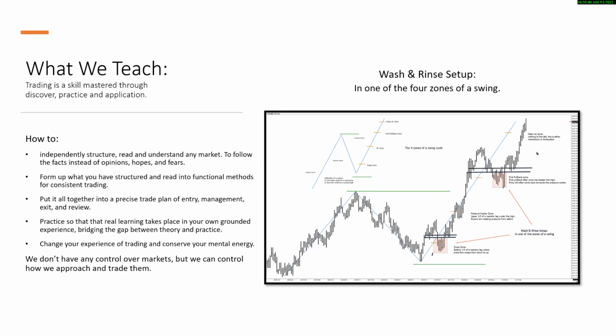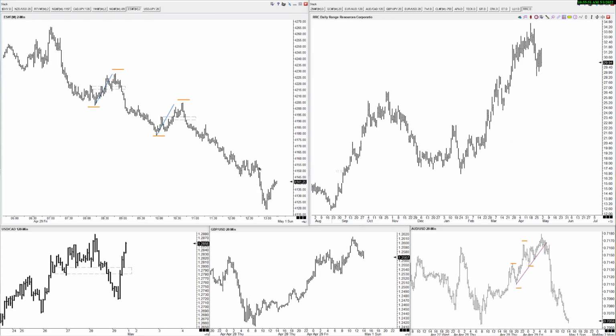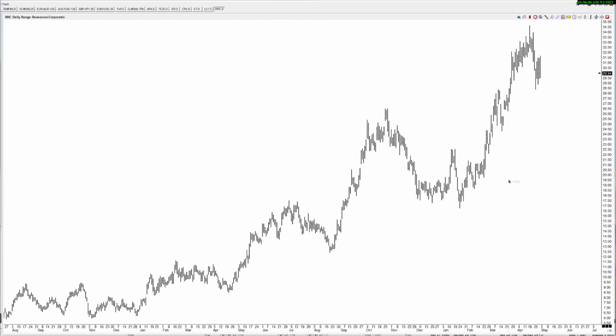time. So let's take just what we've learned here about mapping a market and apply it to something going on right now. So what you see here, this is my basic trading screen, and as you see, we work with small time frame futures, currencies, stocks, all of the above during our live sessions.